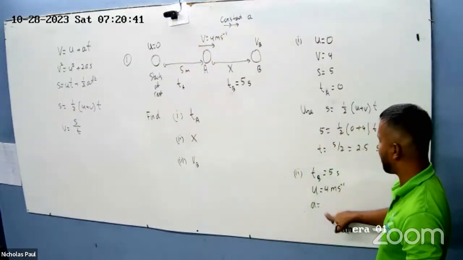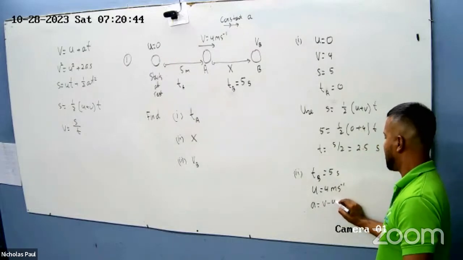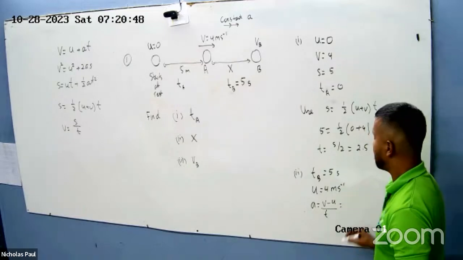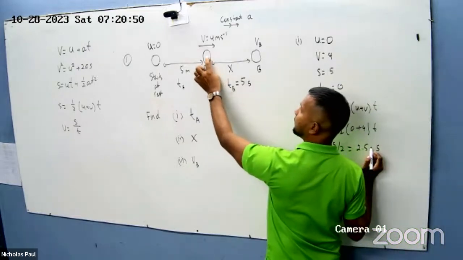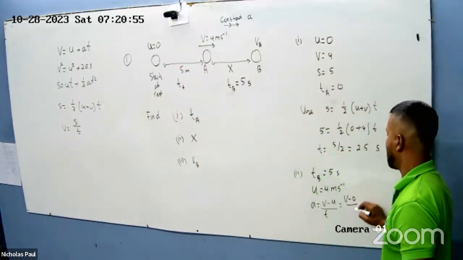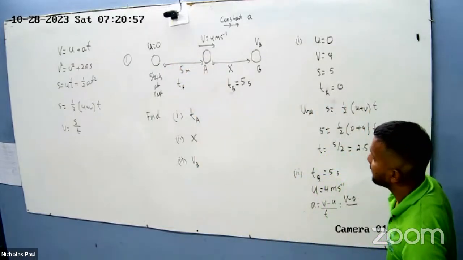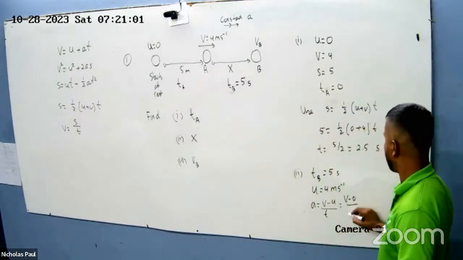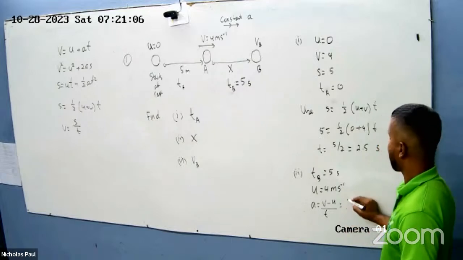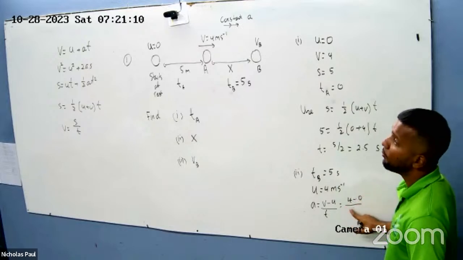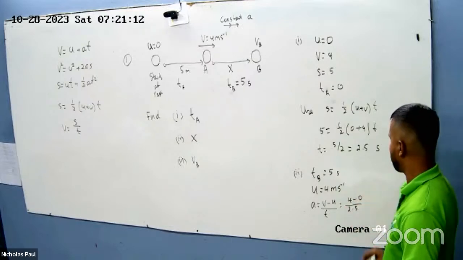So yes, we could find acceleration, which is v minus u over t. The final velocity here was what? Initial was 0, and the time from here to here is 2.5. 4 minus 0 over 2.5.